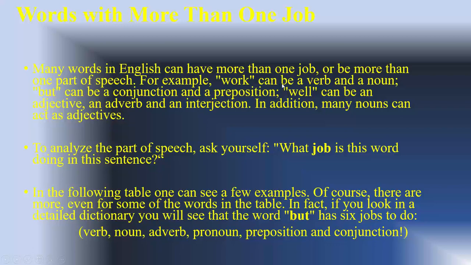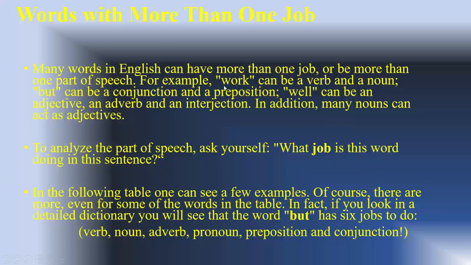For example, work can be a verb and a noun, but can be a conjunction and a preposition. Well can be an adjective, an adverb, and an interjection. In addition, many nouns can act as adjectives.